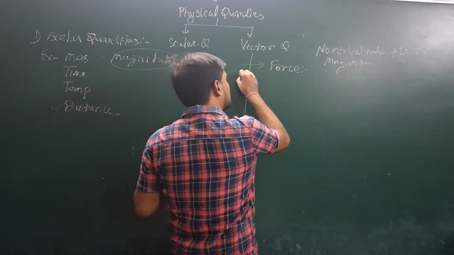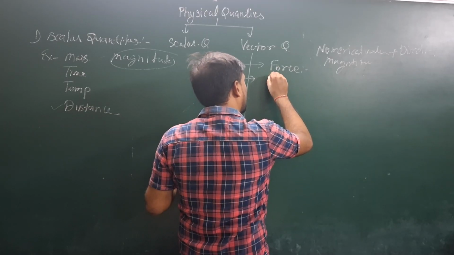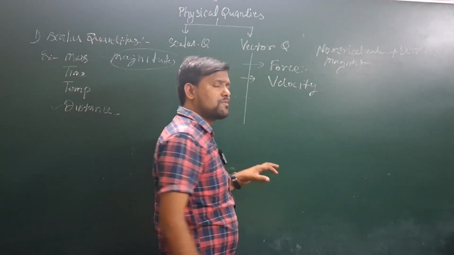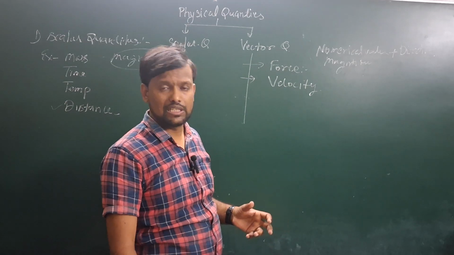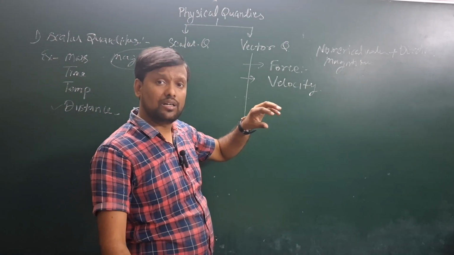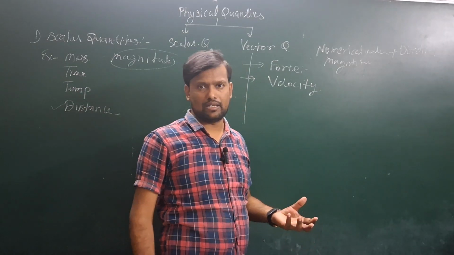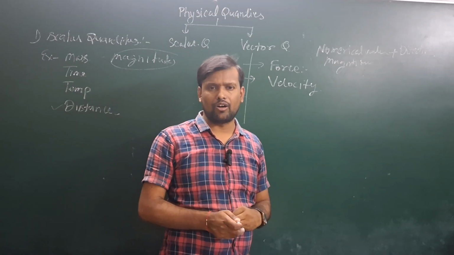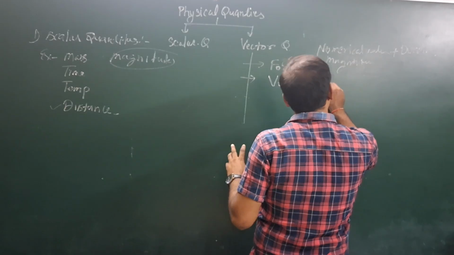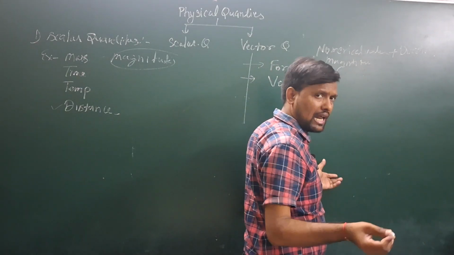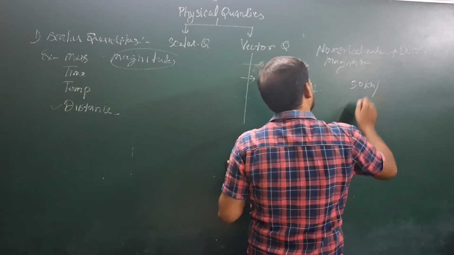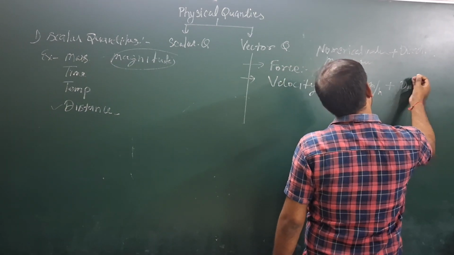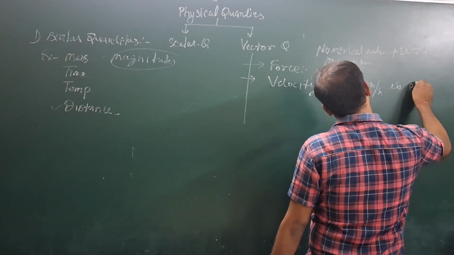And the second example is velocity. If you are explaining the velocity of a moving object, vehicle or any object, then to fully explain it we need the magnitude, like 50 km per hour, because the unit of velocity is kilometer per hour or meter per second, plus direction.